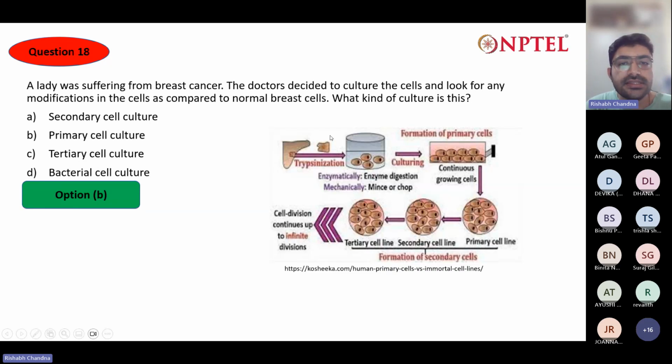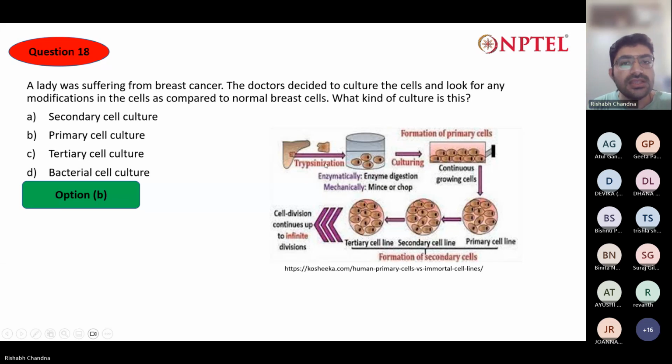And this is basically the mechanism that we use for isolating the cells and doing a primary cell culture. For example, this is the tissue that we want to culture inside the lab. So we will chop this tissue, and that is a mechanical step. After that, we need some cells out of that. The tissue comprises cells that are maintained with the extracellular matrix.